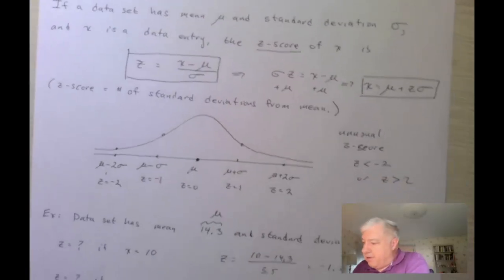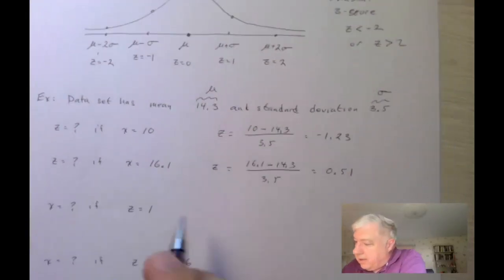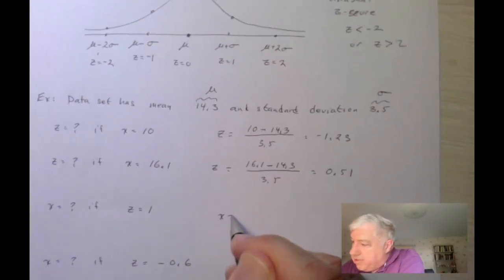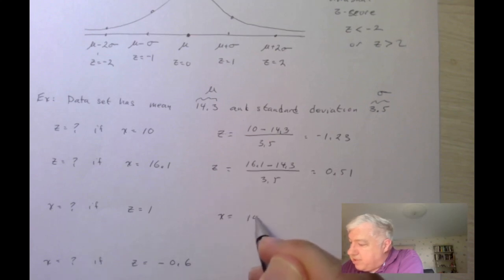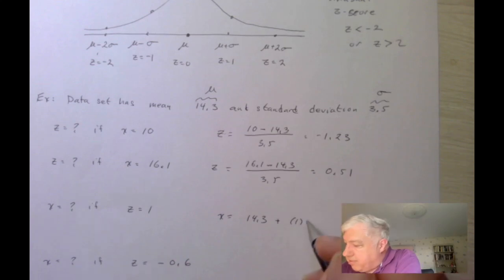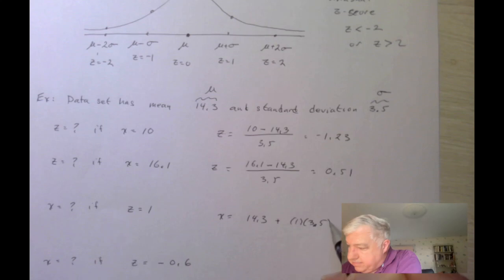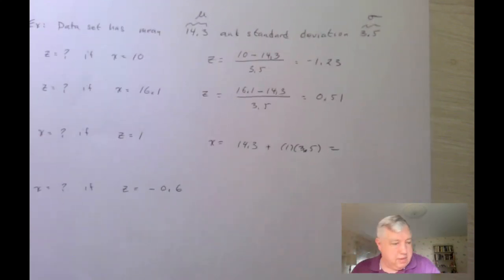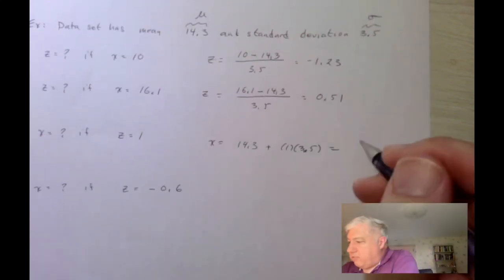So that's basically the converse of this. In this case, x would be mu, which is 14.3, plus 1 times sigma, which is 3.5. And this turns out to be 17.8.